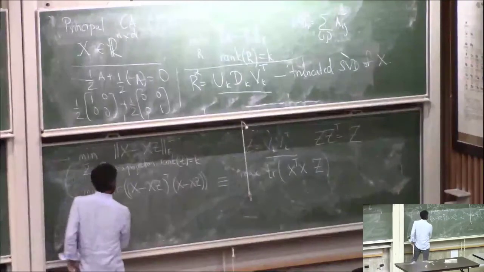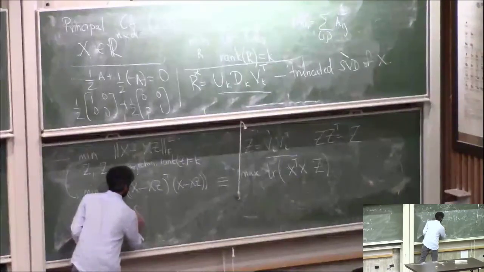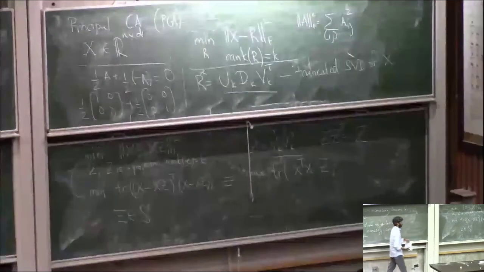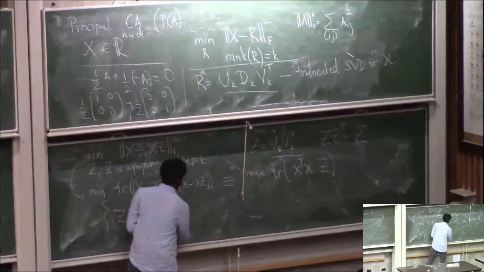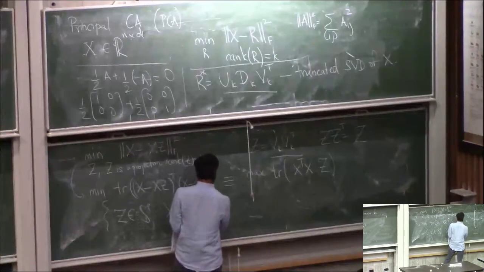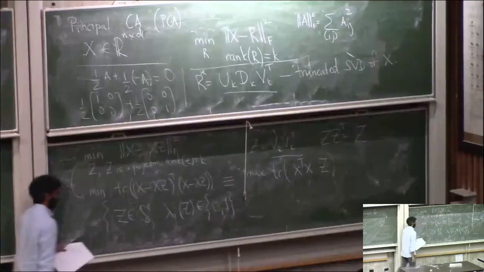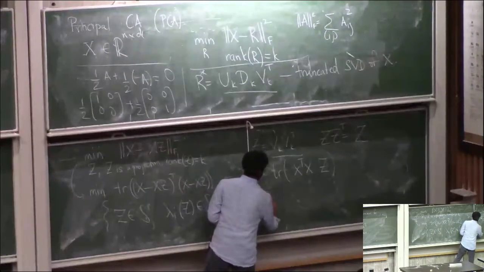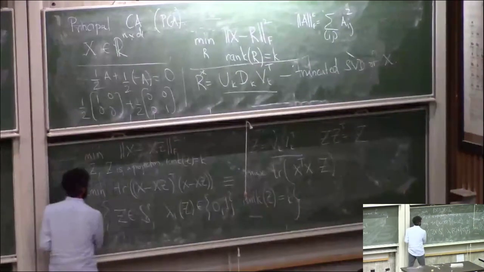What are the constraints? The constraints that you have is that Z should be a symmetric matrix. What is a projection matrix? A projection matrix is one that has eigenvalues which are all either 0 or 1. And we still have this fact that the rank of Z is K. So this is the set that I want to optimize over.